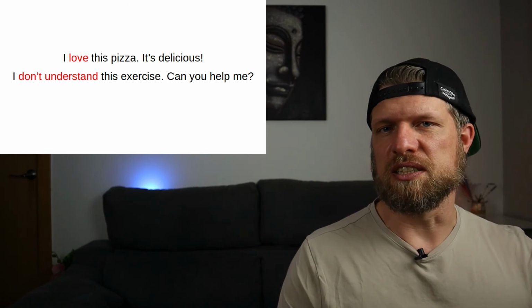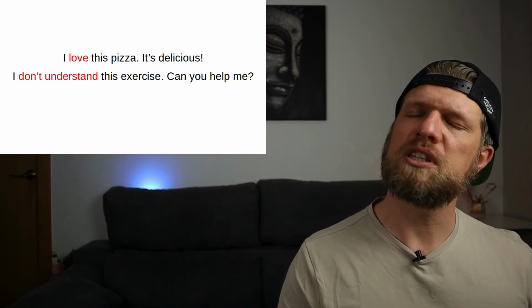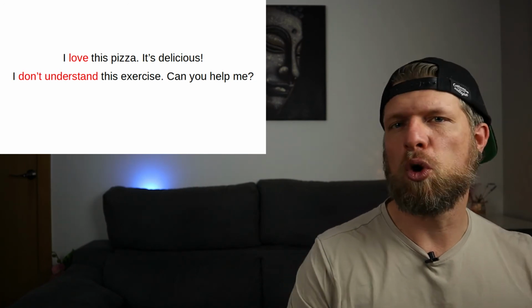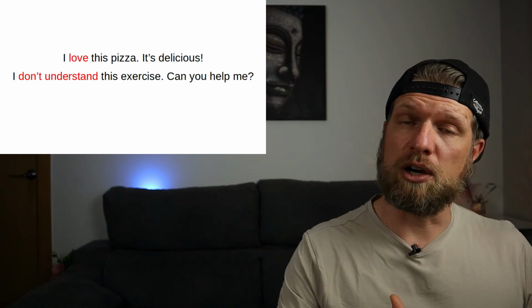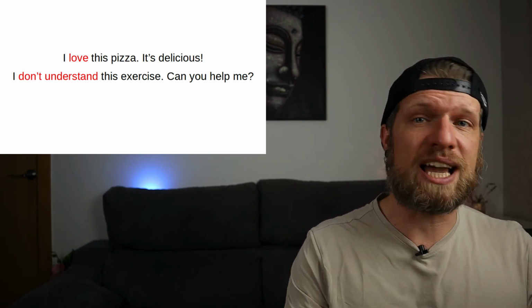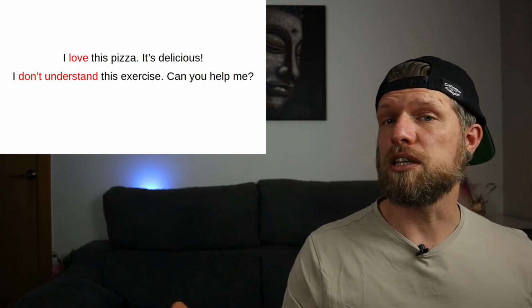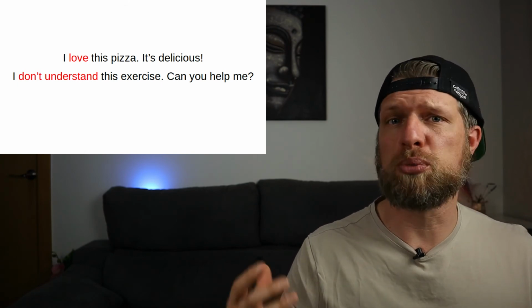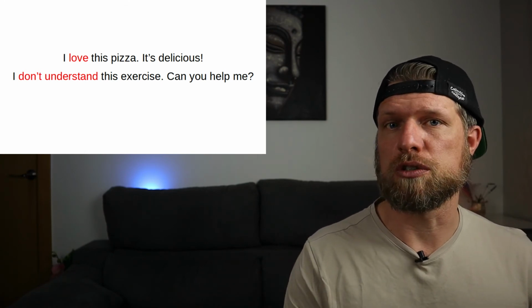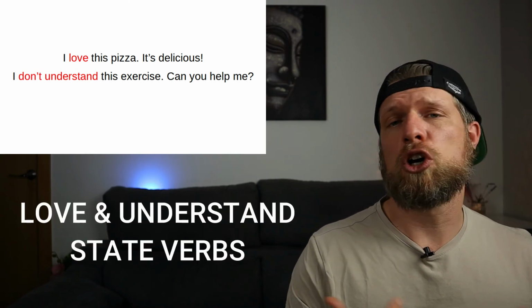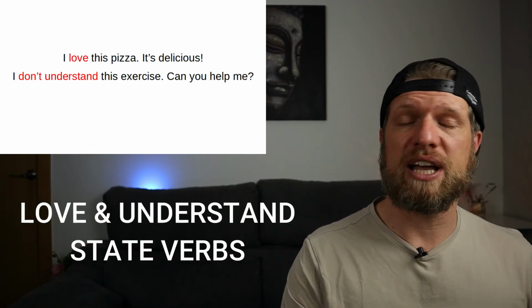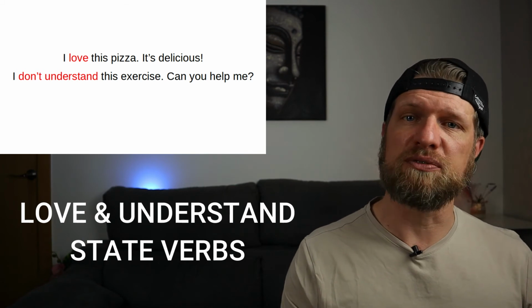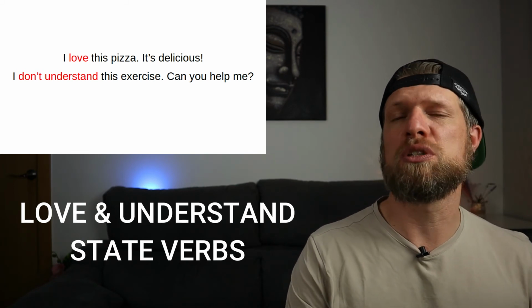In both sentences, we talk about something that we are doing in this moment. I'm eating the pizza right now, and I'm trying to do the exercise right now. You might think that we should use the present continuous in this situation. But because the two verbs love and understand are state verbs, we have to use the present simple.